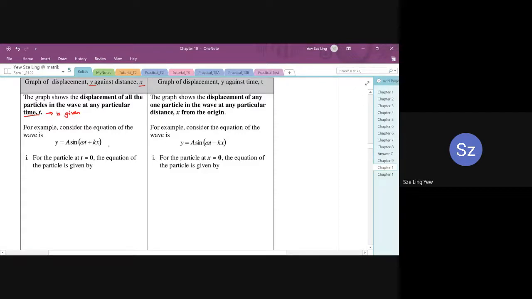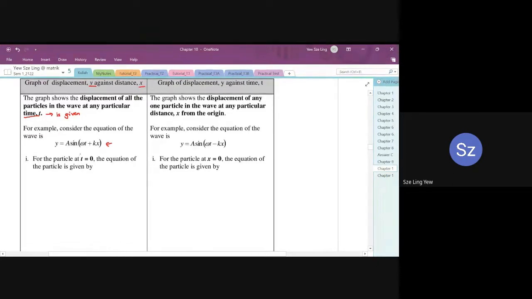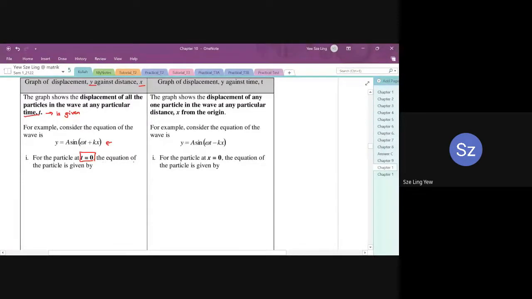This is the general equation for a mechanical wave, for a progressive wave. So for particles at time t equals 0, as you can see here, you are given time t equals 0. So what are you going to do then?